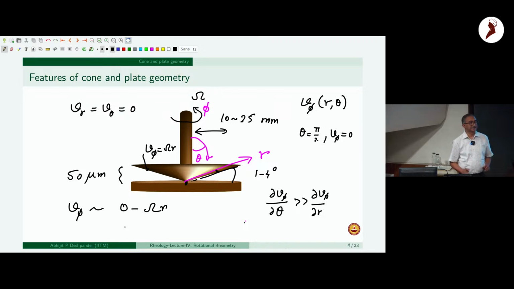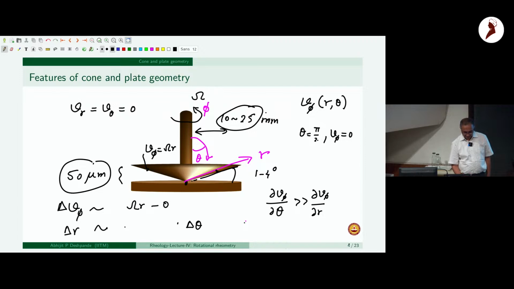That's the variation. Maybe I'll just write it in. So delta V phi is omega r minus 0. And if you look at delta r, that's this number. So that's a fairly large number. It's the radius. On the other hand, delta theta, the r delta theta actually, that distance is fairly small. And so therefore, the variation in theta direction is much more compared to the r direction.